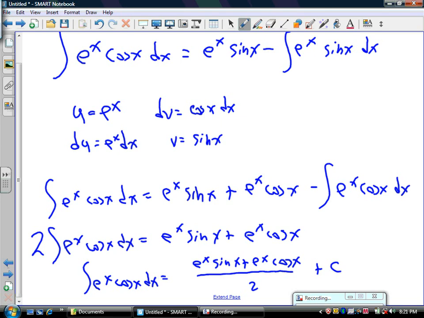Ta-da. So sometimes what it does is it cycles back and forth between sine and cosine, sine and cosine. As long as you end up with that negative of what you started with, you can just recombine it and you're good. And so that's a special case of by parts. That happens rarely, but you should be familiar with that.